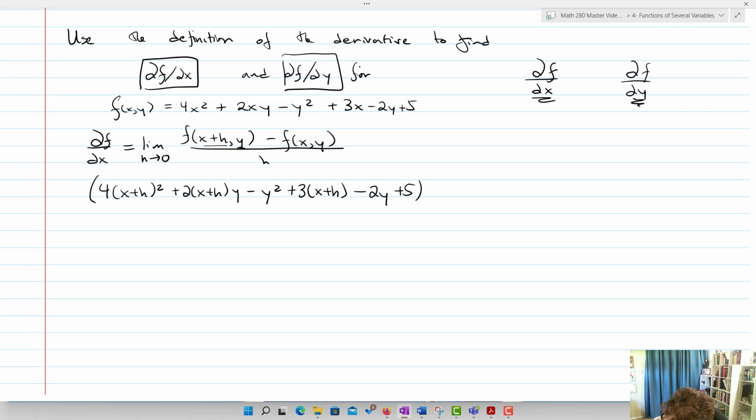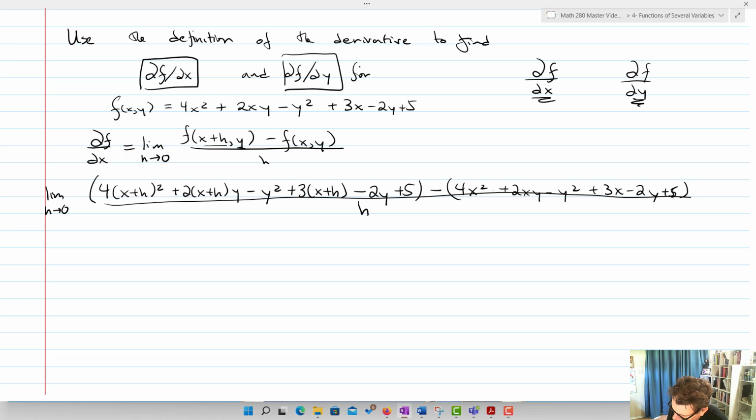Then I'm going to subtract from that, because I'm taking the limit as h approaches 0 of this, minus 4x squared plus 2xy minus y squared plus 3x minus 2y plus 5, all divided by h.